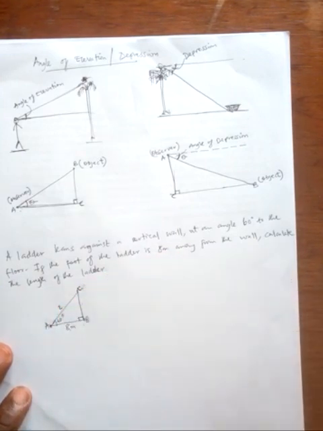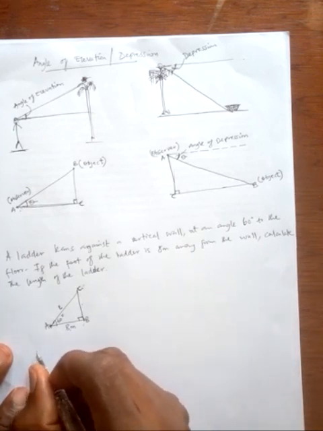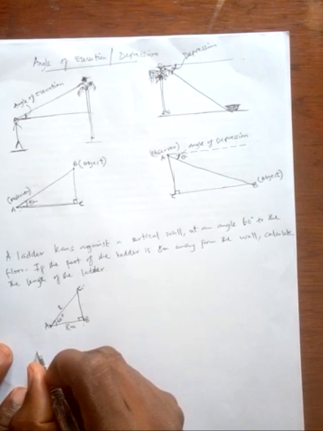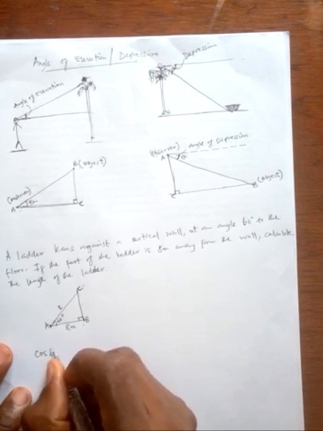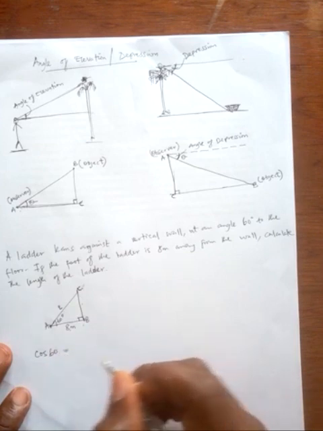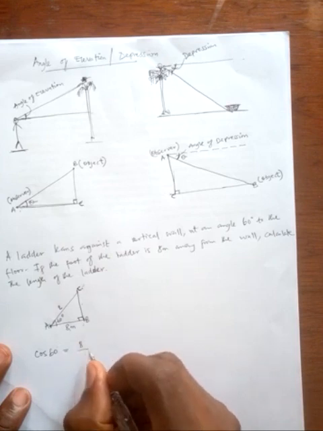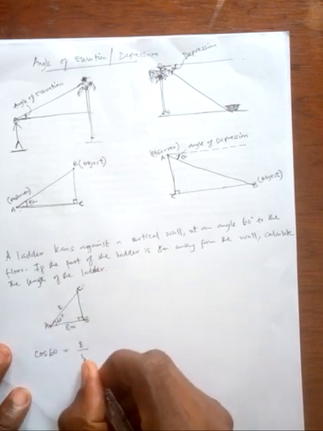So what comes to mind is the cosine of this angle 60, which is equal to adjacent, that's 8, over hypotenuse, which is L.